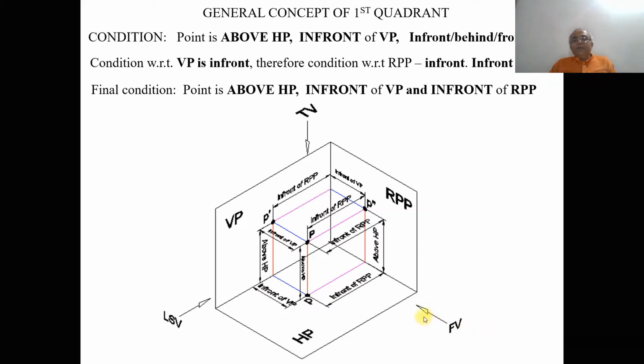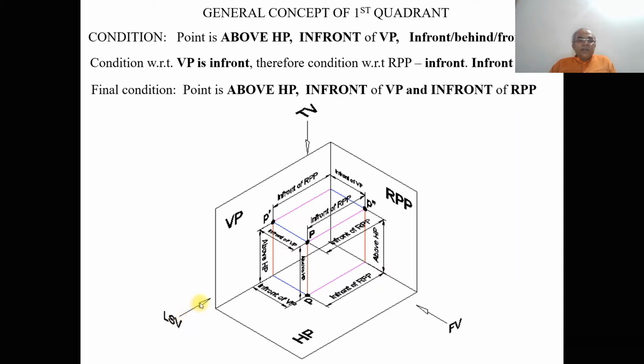Similarly, the front view is also aligned with the horizontal plane. So only in a direction perpendicular to the plane can we visualize the image. Similarly, if you want to see the image on the right profile plane, I have to look in the direction perpendicular to that plane.